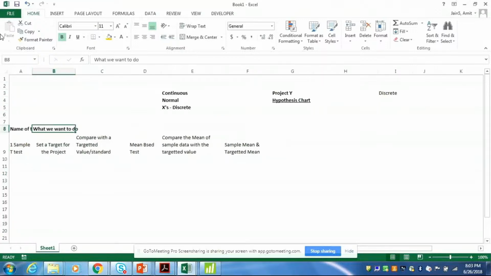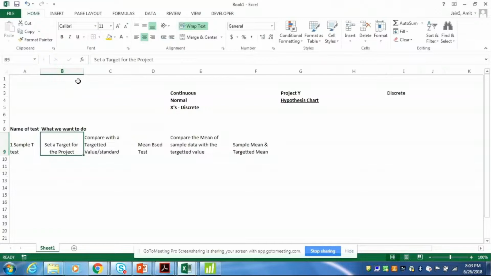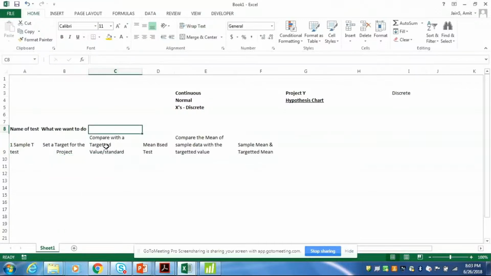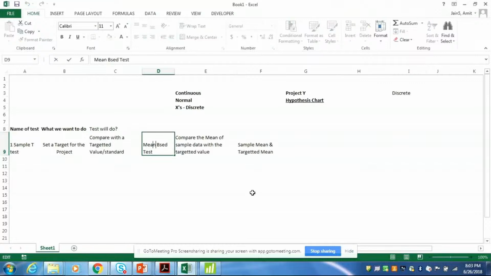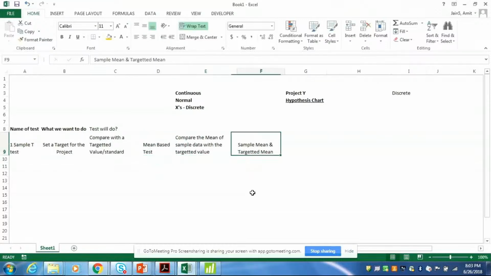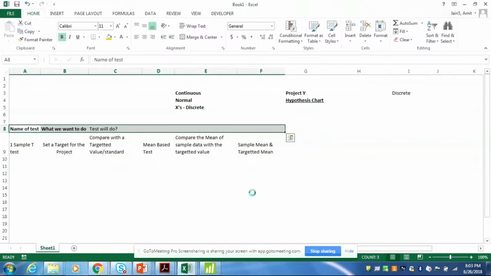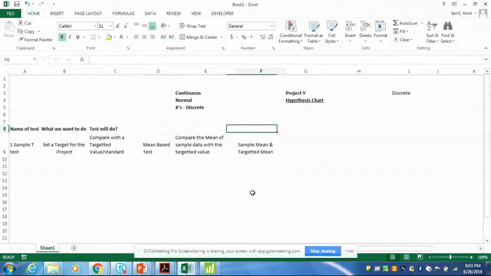What we want to do is set a target for the project. So what the test will do is compare with a targeted value. It's a mean based test, and it will compare the mean of sample data with the targeted value. Two pieces of information that it will have are a sample mean and a targeted mean.